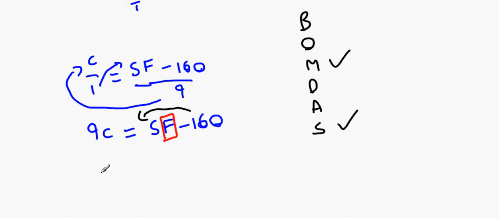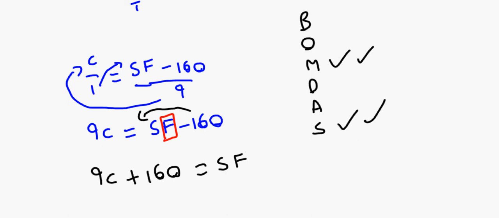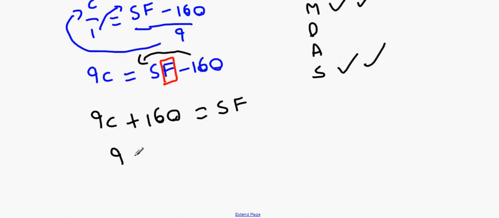So 9C plus 160 equals 5F. Okay. Next we need to get rid of the multiplication. To get rid of the multiplication, you take the 5 and you divide it on the other side. So it's 5 right up the equal sign, which makes it divide by 5 on the left side. So that is our Fahrenheit question done.